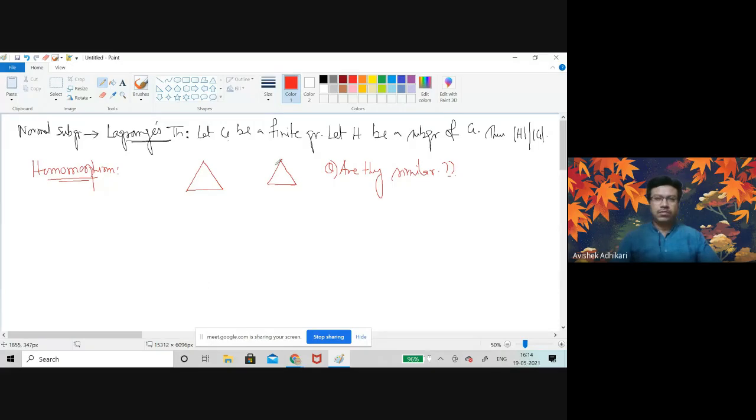How you look into the question determines your answer, and it can be of many types. For example, you can say they are not similar because their sizes are different. But if I ask, are they similar with respect to the geometrical shape? Yes, both of them are triangles. So in that respect, these two objects are similar.